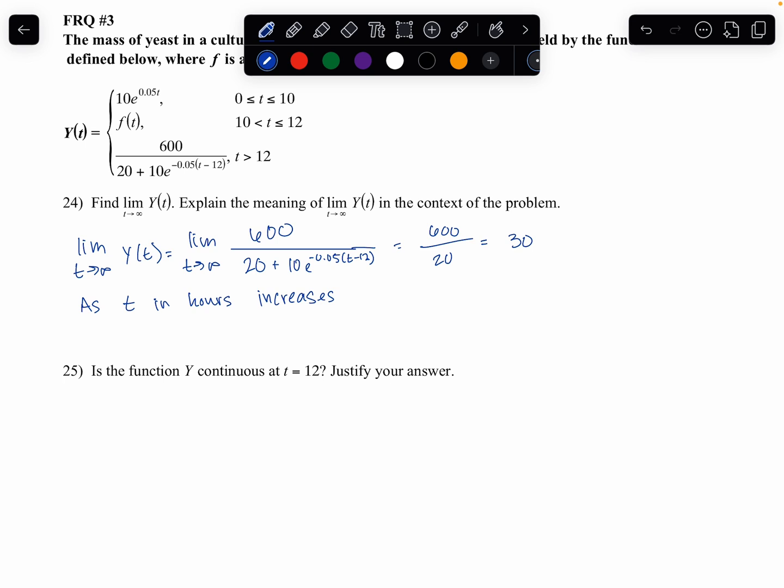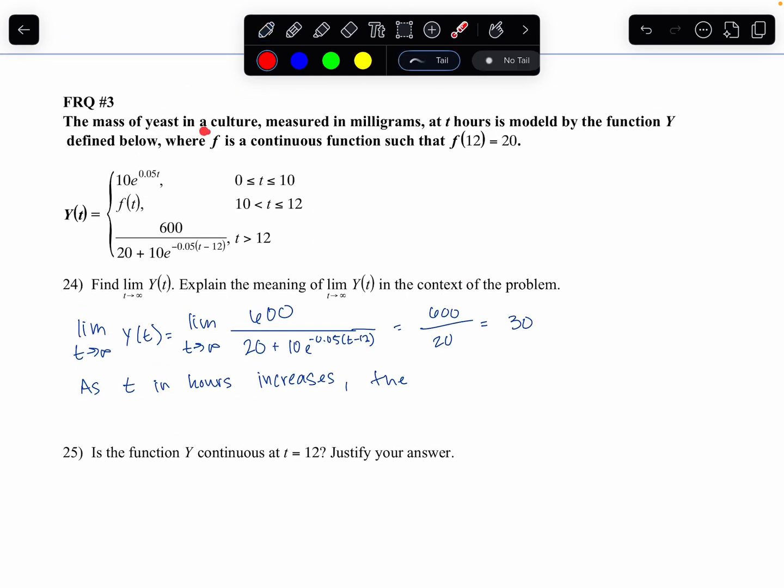So as time in hours increases, the culture in milligrams, no, I'm going to just take what they have here. I'll say the mass of yeast in a culture.